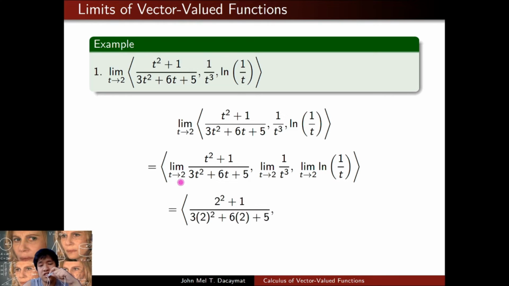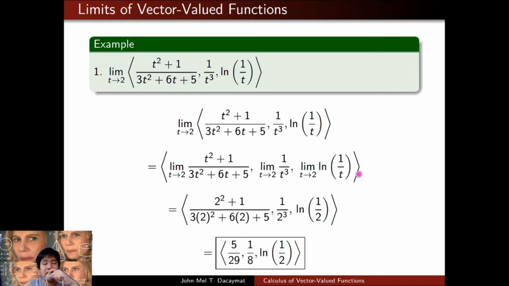So the limit is just the value at 2. The second component is very obvious: plug in 2 to get the limit. For the third component, as t approaches 2, the limit of ln of 1 over t is just ln of 1/2. You can also just plug in 2. Simplifying that, you can do it, you're big kids now, you get this as your limit. It's that easy.